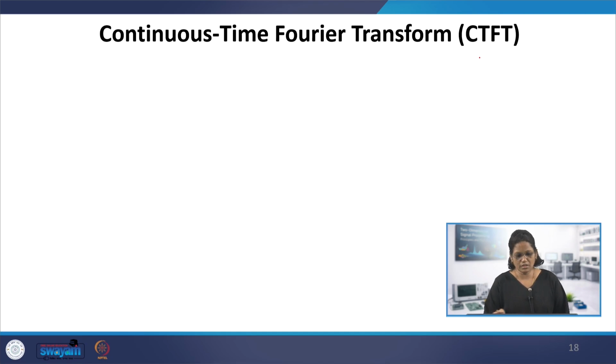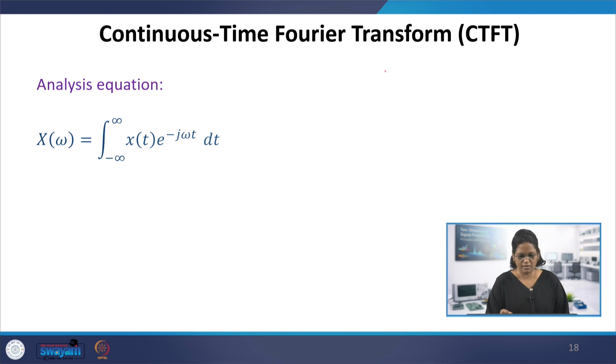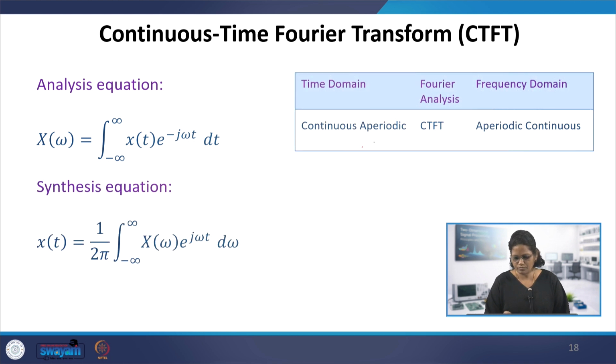For the CTFT, the continuous time Fourier transform, which is applicable to continuous and aperiodic signals, you integrate x of t e power minus j omega t to get the spectrum. If you know the spectrum, you can get back x of t through the synthesis equation. Because both sides are continuous, the integration is applicable.